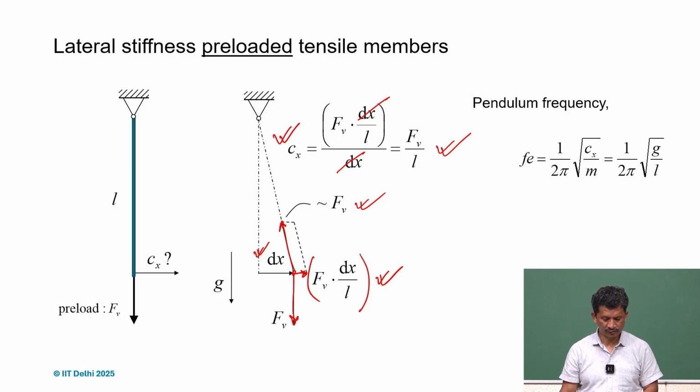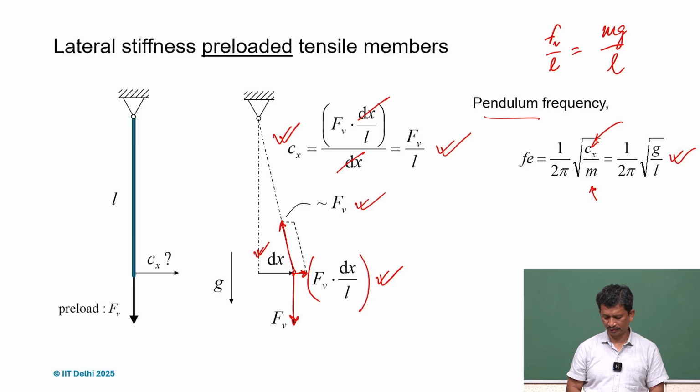Another way to check is the pendulum frequency. For a simple spring and mass system, we consider the square root of Cx by m, and Cx we simply replace with FB by L. If it's a simple mass under gravity, this is mg by L, and m will get cancelled, and then we are left with the square root of g by L. It's well known, and it matches with what we are getting here.